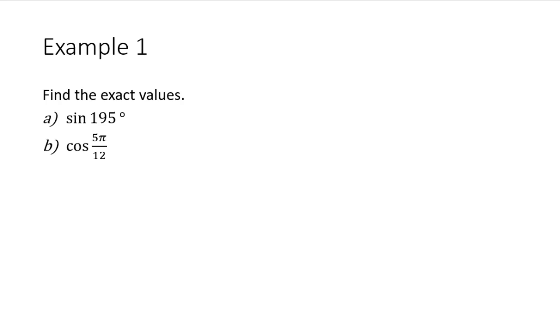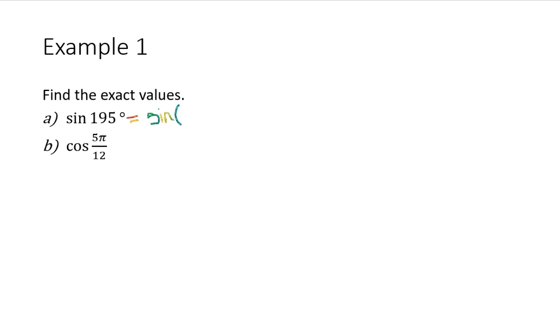All right, what we want to do is use either the sum or the difference formula for sine, and we need to find this sine for 195 based on some angles in the unit circle, because we already know the sines of those and the cosines, and we can find the rest of the trig functions. So the first thing I want to do is break down 195 so that it's the sum of two angles from the unit circle, or the difference of two angles from the unit circle, either way.